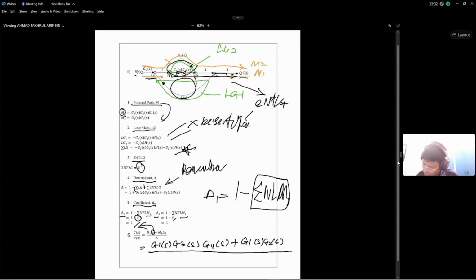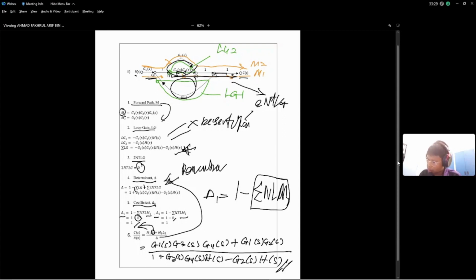So over by ni adalah determinant yang kita dapat tadi. Ni determinant dia. So jumlah determinant kita 1 plus G3 F, G4 F, H S tolak G2 F H over HS.